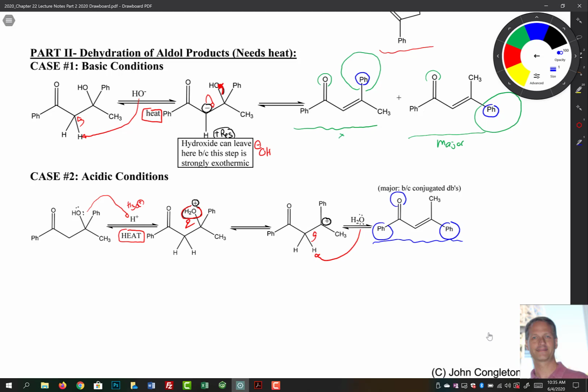Right, so in this case, heat is not required for this specific reaction because you get a high level of conjugation here. So benzene is conjugated with the carbonyl, which is conjugated with this double bond and also conjugated with the phenyl group. So in this case, because you have such a highly conjugated system, you don't really need to heat this thing up.